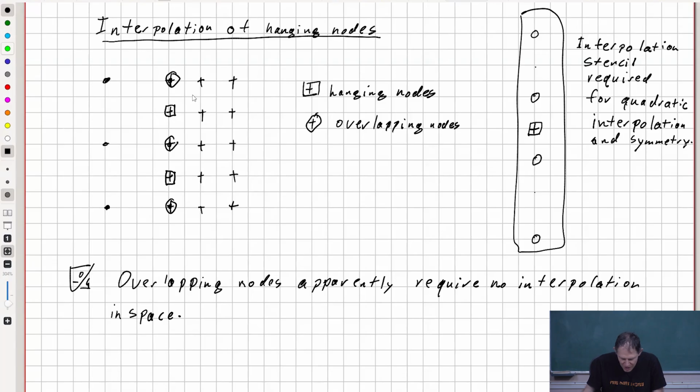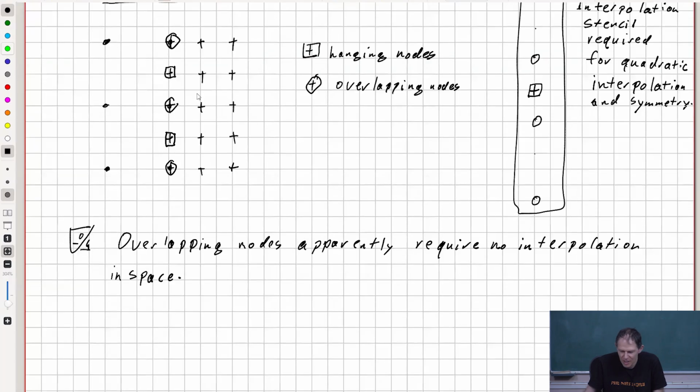Which also means that we only have to interpolate from the coarse to the fine. We never have to interpolate from the fine to the coarse, right? Apparently this is the case.